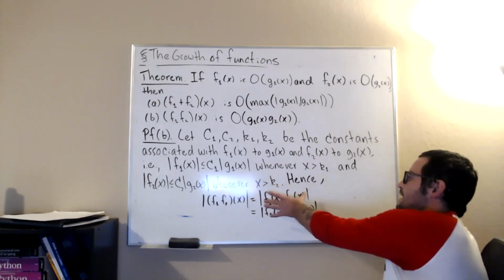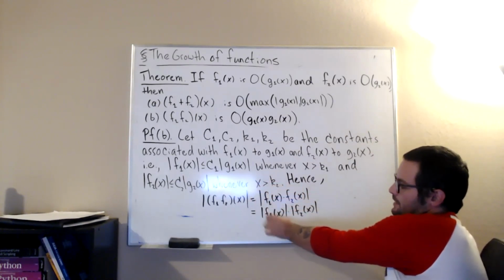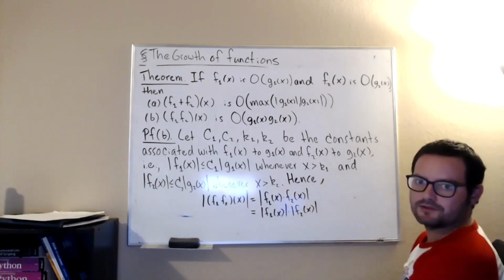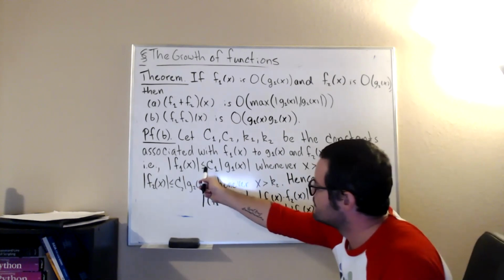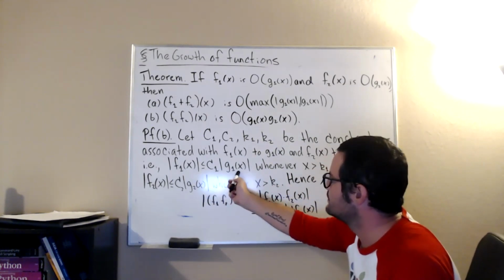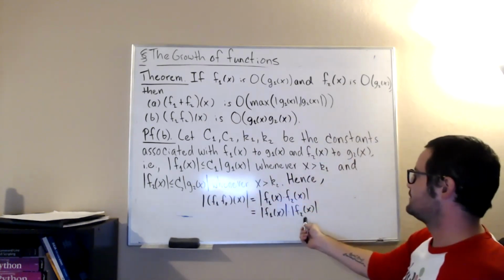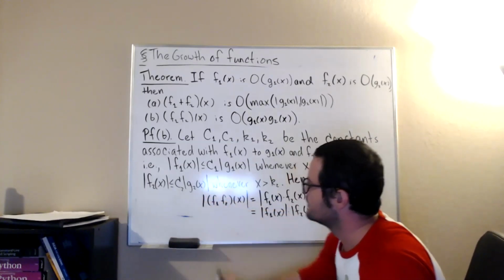So the absolute value of the product is the same as the product of the absolute values here. But now f1, right, is bounded above by C1 times g1 of x, right? And then f2 is bounded above by C2 times g2 of x.